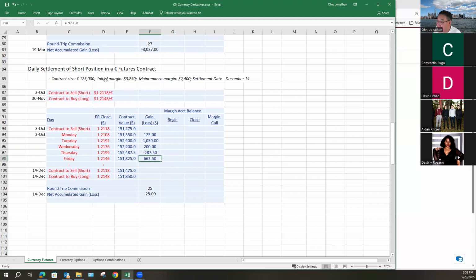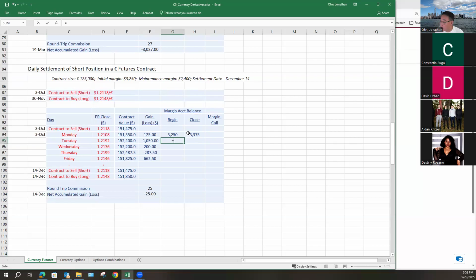The initial margin is 3,250. You start with that, and then the closing is this plus your $125. That is your ending balance. It is way over your maintenance margin, so you have no problem.